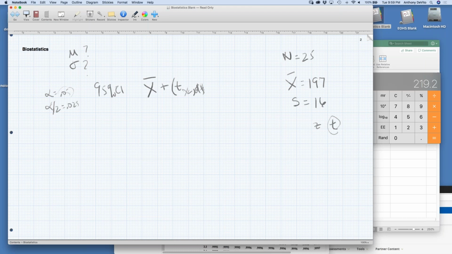So we want the T-score that represents 95% confidence or 5% chance of being wrong, and the degrees of freedom, n minus 1, times the standard error. So we're using that number in place of 1.96. Why are we using it? Because we don't know what sigma is, and we're dealing with a small sample.